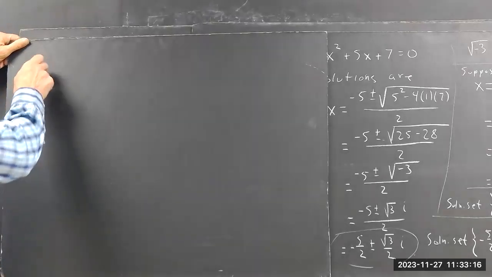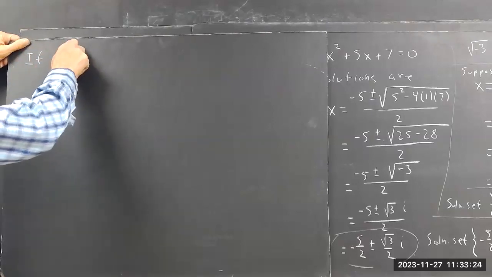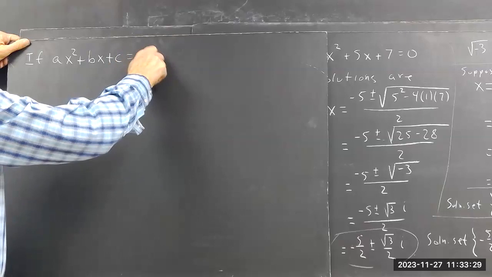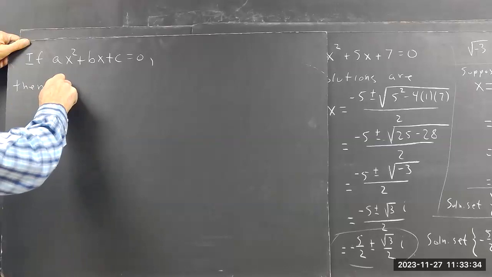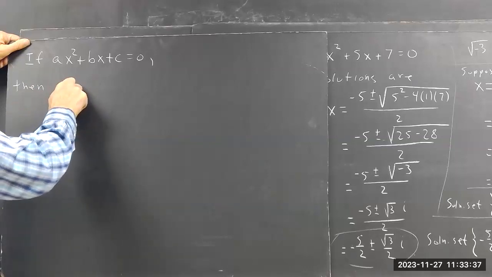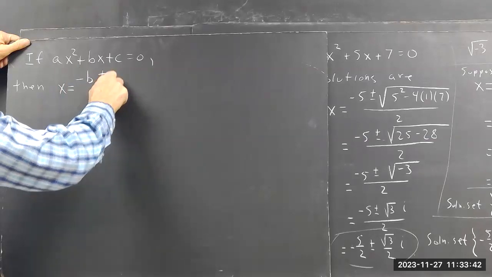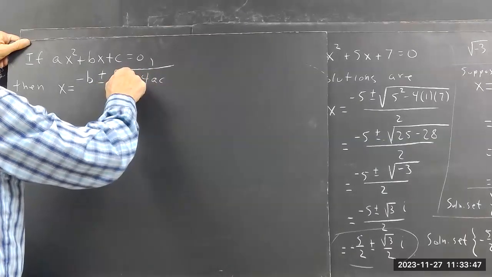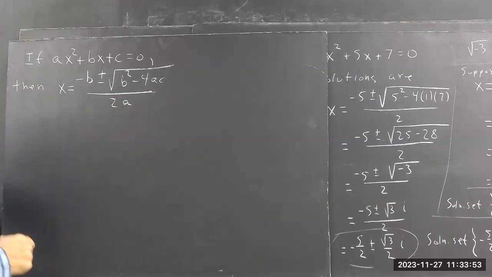So quadratic formula, first of all, says this: if ax squared plus bx plus c equals 0, then x equals negative b plus or minus the square root of b squared minus 4ac, all divided by 2a.